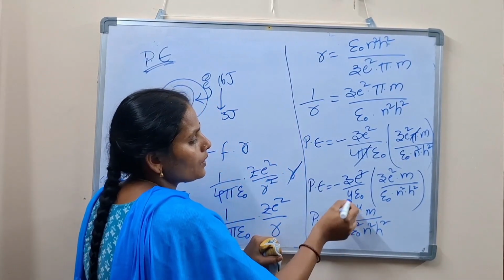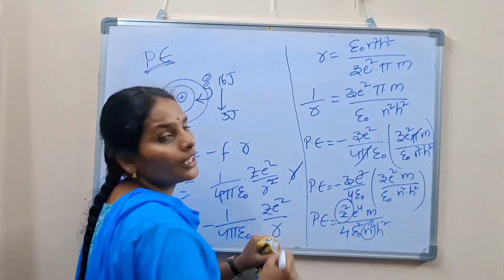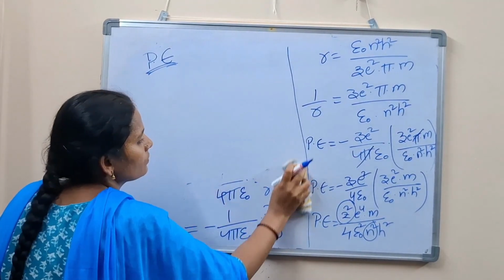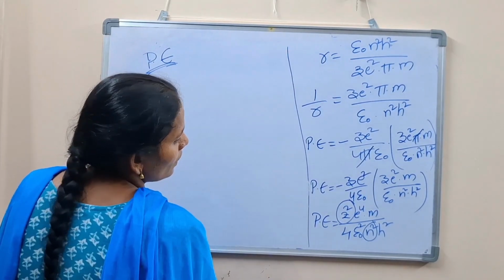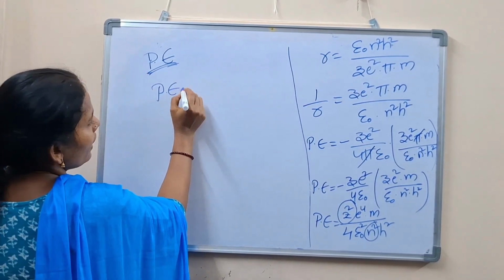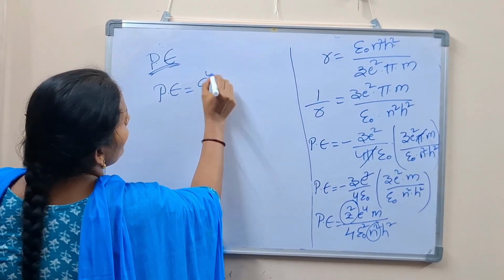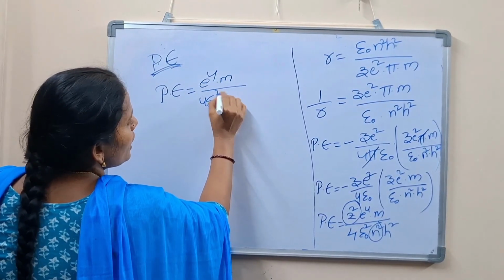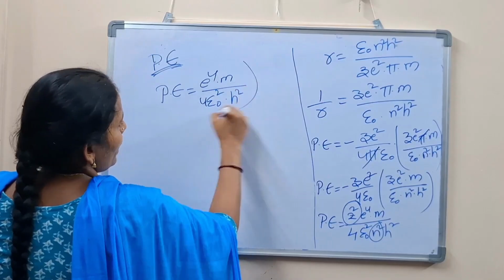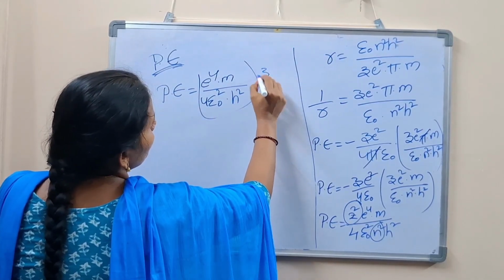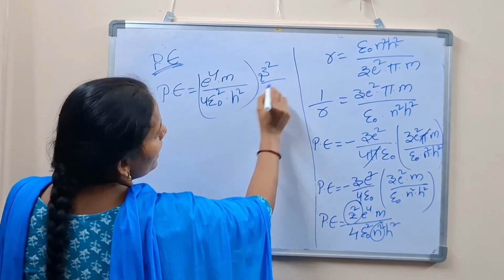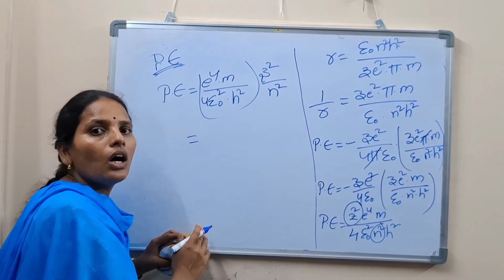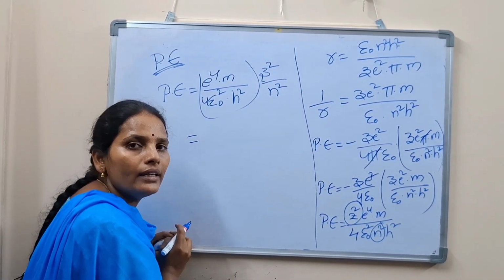Except Z square and n square, remaining all are constant, then we are writing potential energy equal to e power 4 into m by 4 epsilon naught square into h square in brackets into Z square by n square. By applying all the constants, we are getting the value.